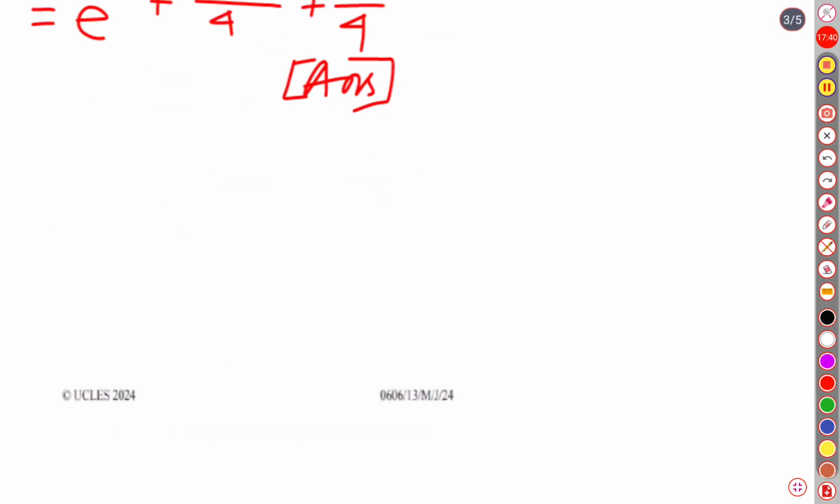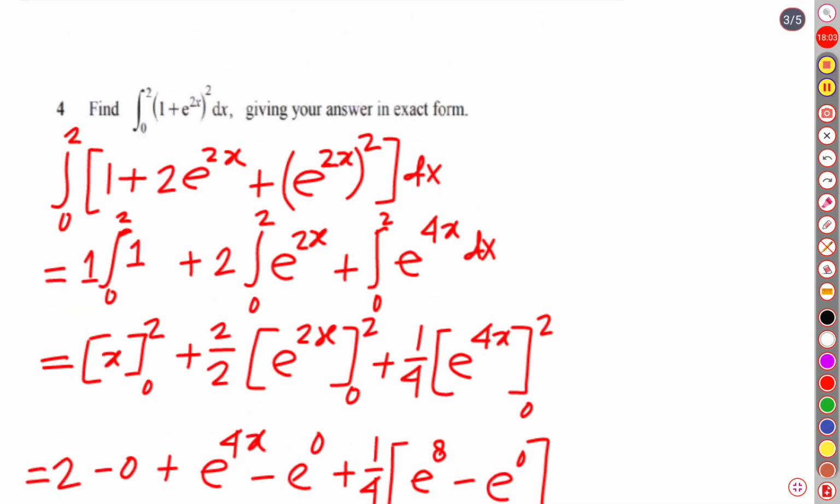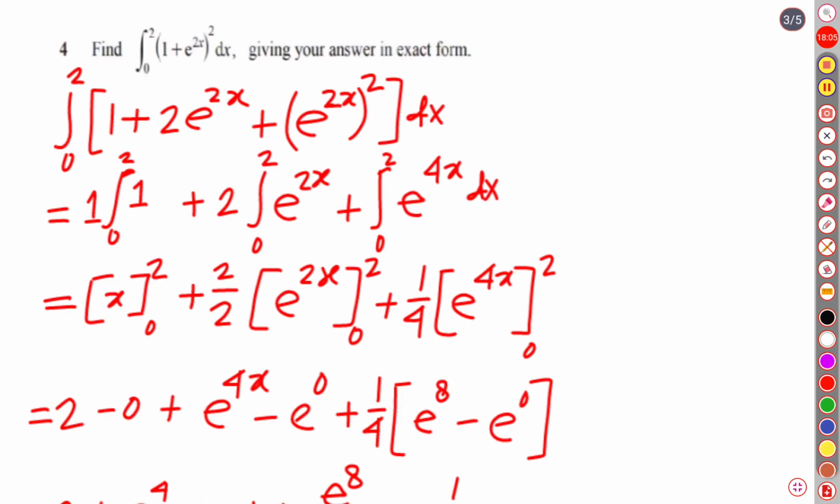The next question has been picked up from paper 06 slash 13 May June 24. So this is also a question which was set in a past paper of additional mathematics, and the paper was 13. Well, let's see the question. It's actually similar to the previous one.